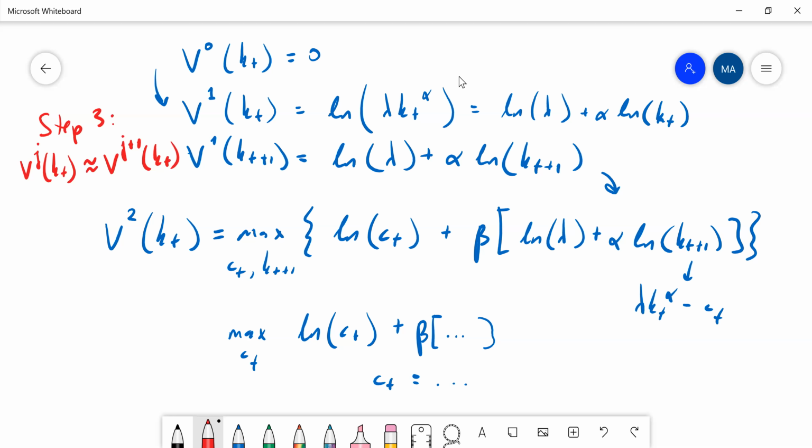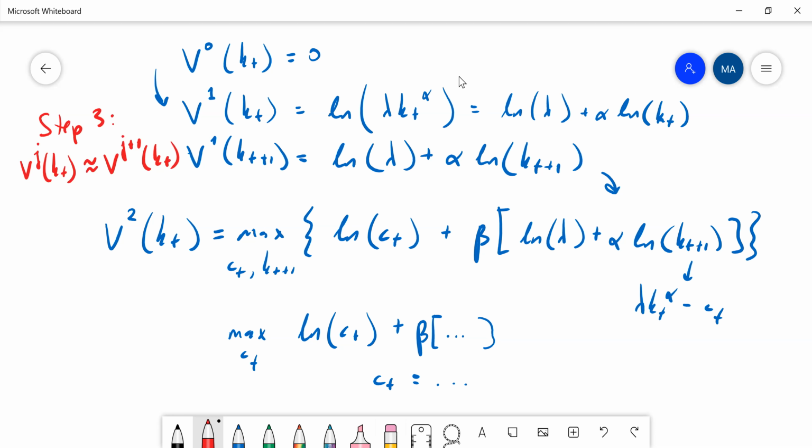If you satisfy this constraint, then you stop, right? Because it means it already converged. If it is not satisfied, then you go back to step 2 and do this, right?